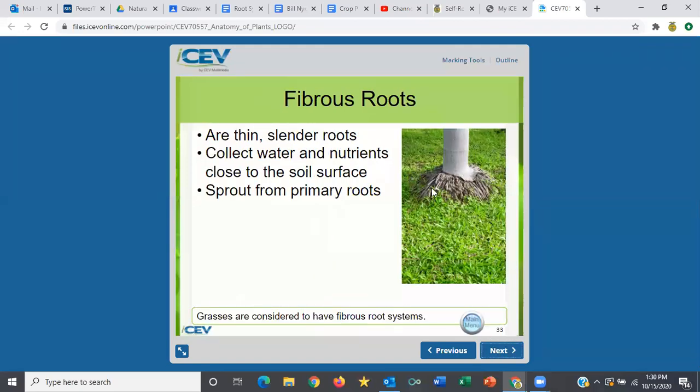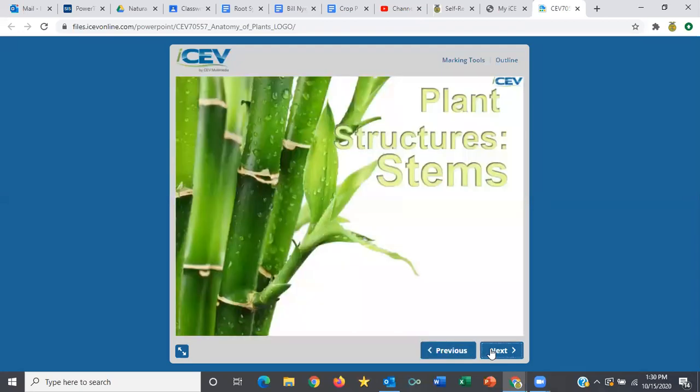And then fibrous roots, and this is an example of a coconut tree, which, if you blow this up, looks very similar to the base of a corn plant. If you go out into a field right now that's either been harvested or not, and look at the base of a corn plant, it's going to look very similar to this. There are all these fibrous roots that come right out of the bottom of that corn plant.